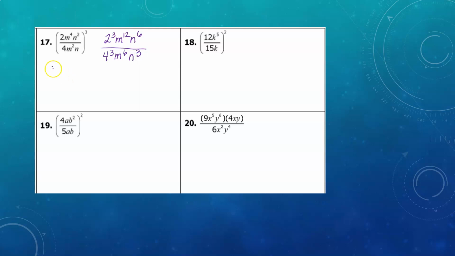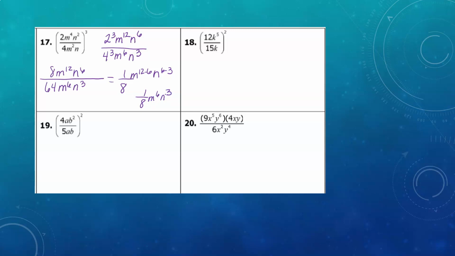So 2 cubed is 8. 4 cubed is 64. So 8 64ths is 1/8 m to the 12 minus 6 power, n to the 6 minus 3 power, which will give us 1/8 m to the 6th, n to the 3rd.